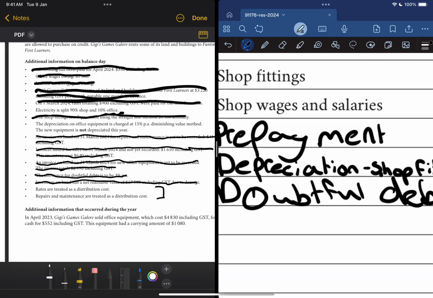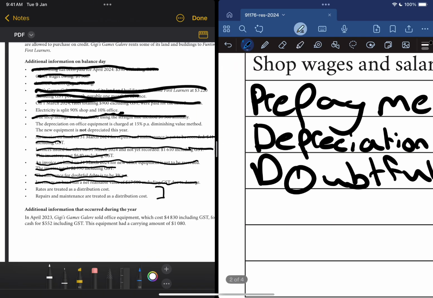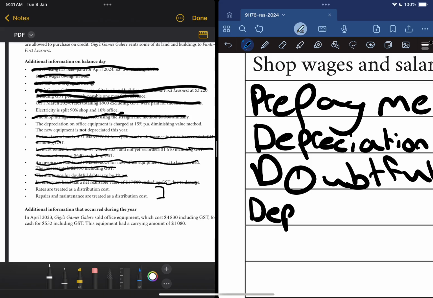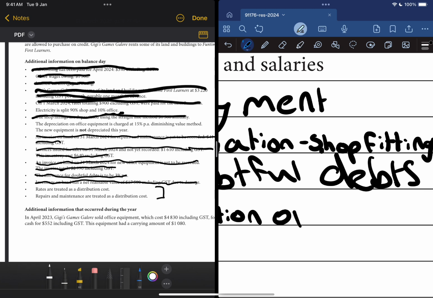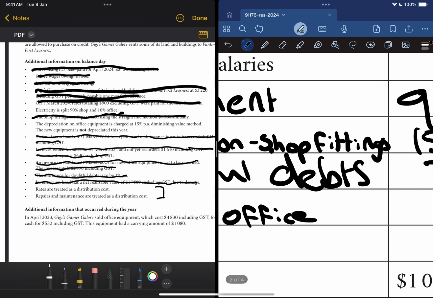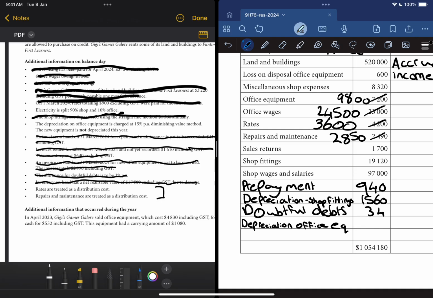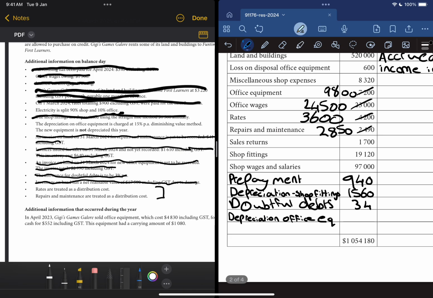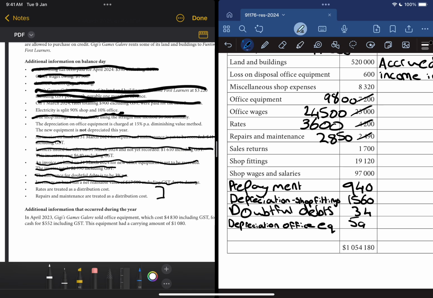So we'll just go and squeeze it on in here. Depreciation. Office. And we'll just squeeze equipment in there. Remembering for our actual financial statements, we never want to abbreviate stuff, but for our trial balance, it's okay, and we can kind of get away with it. So that's going to be 591, guys.